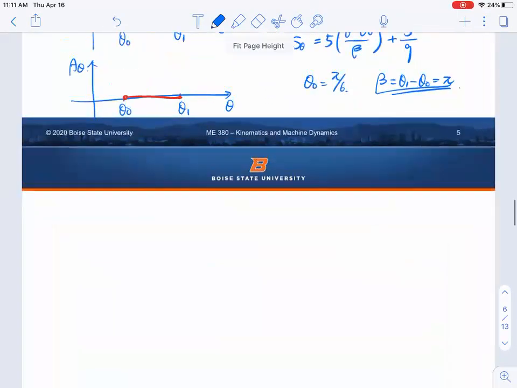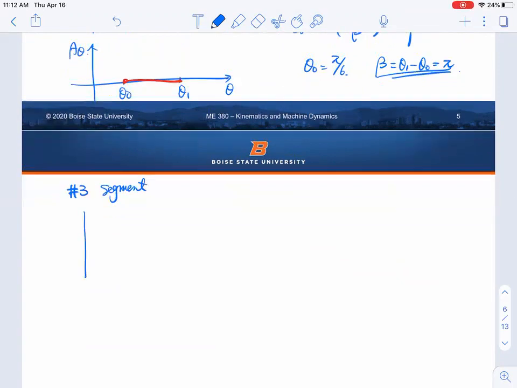So let's look at segment number 3. The same thing: you start from what you already know. It starts from theta naught and ends at theta 1. What's the starting point of the segment? Okay, it starts at 7/6 pi and it ends at 4/3 pi.